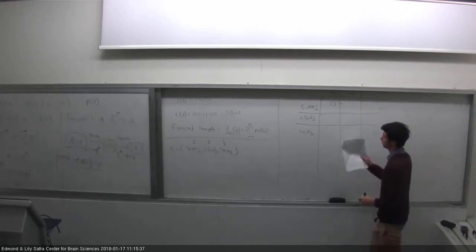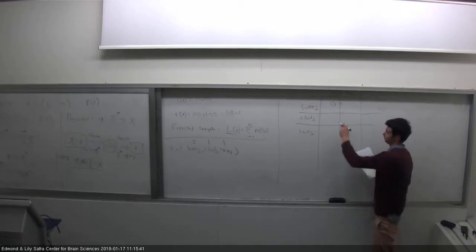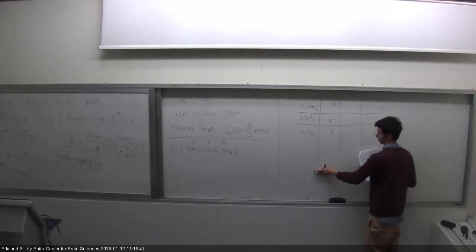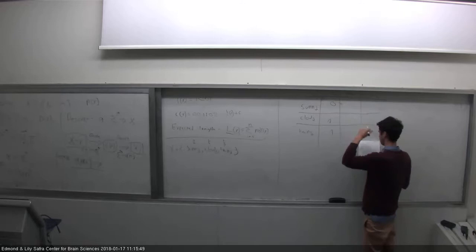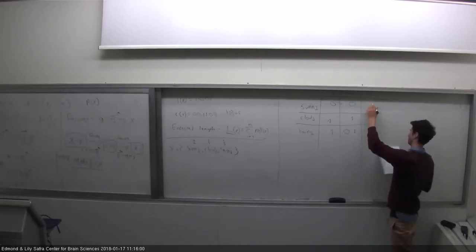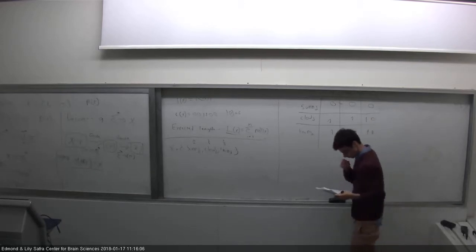In C1, if I want sunny, I will encode it as 0, cloudy as 1, and rainy as 1 also. In C2, sunny will be 0, cloudy will be 1, and rainy will be 0, 1. And in C3, it will be 0, 1, 0, and 1, 1. Okay?